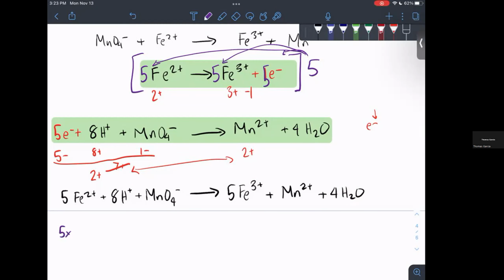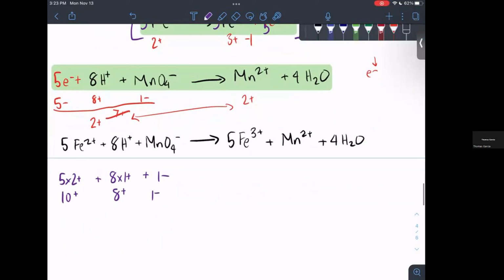5 times 2 plus, plus 8 times 1 plus, plus 1 minus. That is a 10 plus charge, an 8 plus charge, and a 1 minus charge for a grand total of 17 plus on the left side.